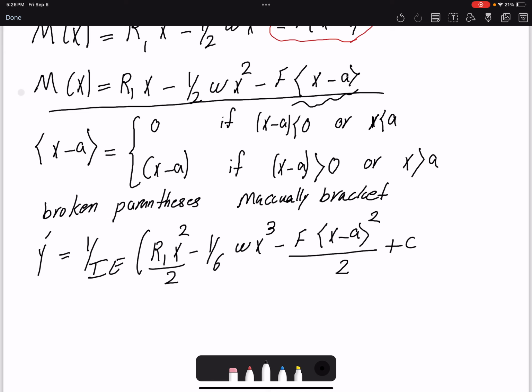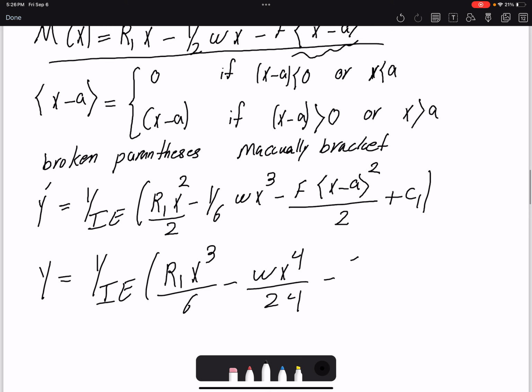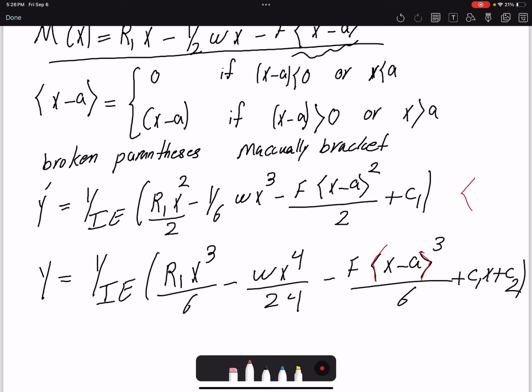We keep it as this one, and then when I want to find the deflection, I do the same thing, just in our notation use broken parentheses. These broken parentheses are different than normal, and we know this term would go away when this one becomes negative. That way I have reduced 4 equations to only 2 equations and only need 2 boundary conditions that we discussed.